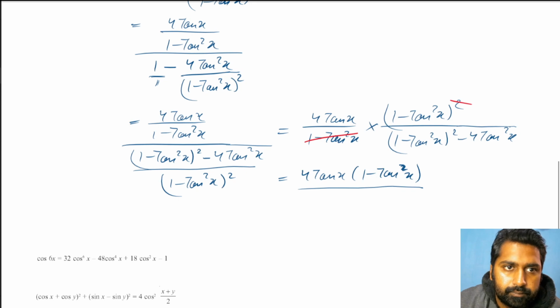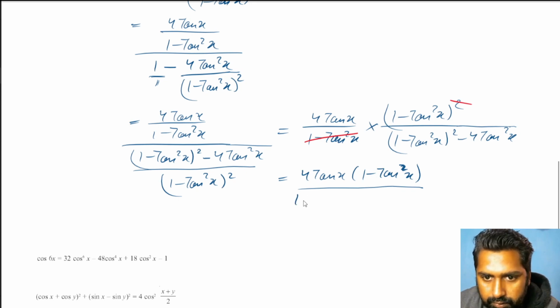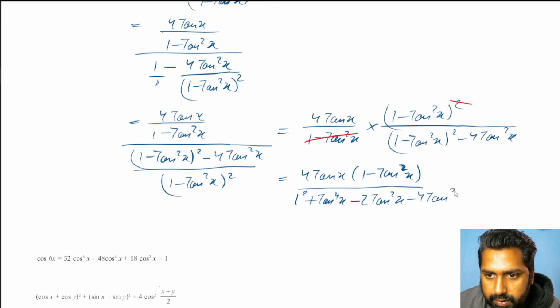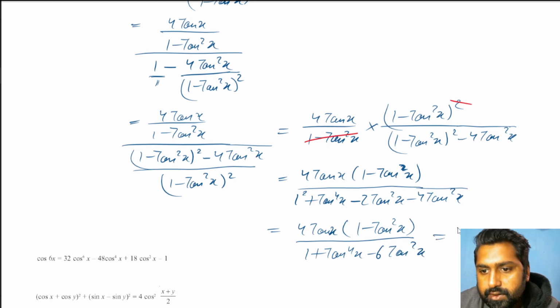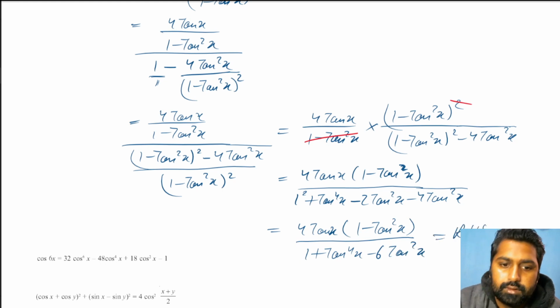So let's open it. So 1 square plus tan square square means tan raised to power 4 x minus 2 tan square x minus 4 tan square x. So that I think generates 4 tan x 1 minus tan square x upon 1 plus tan raised to power 4 x minus 6 tan square x, and that's your RHS. Okay.